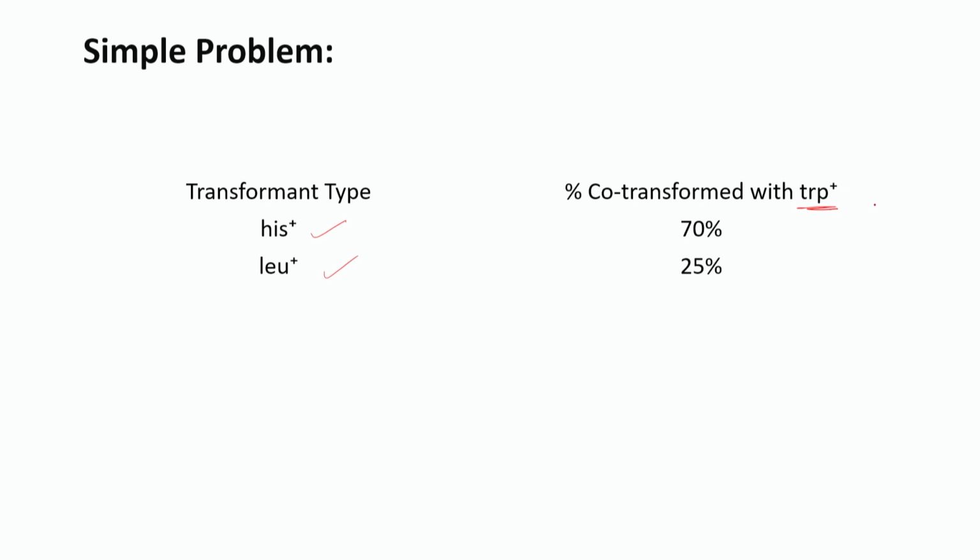In a TRP positive cell, 70% of these cells also have histidine with it, and 25% have leucine. If someone asks you the order, what would you say? You can say that histidine must be closer to TRP compared to leucine, because 70% of the time these two genes were together, right.